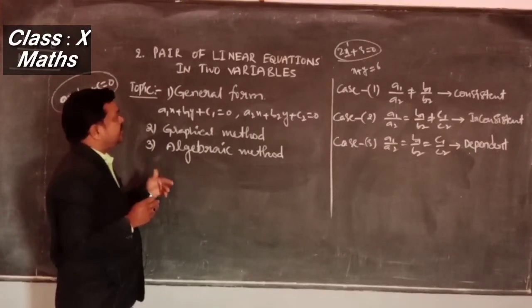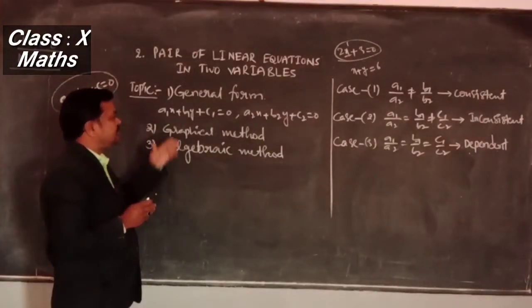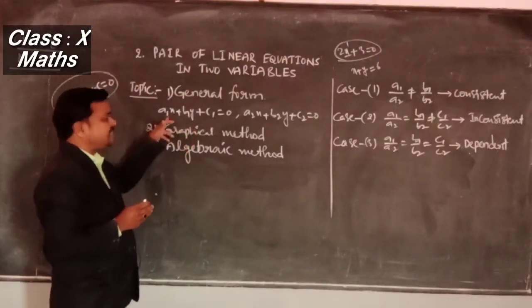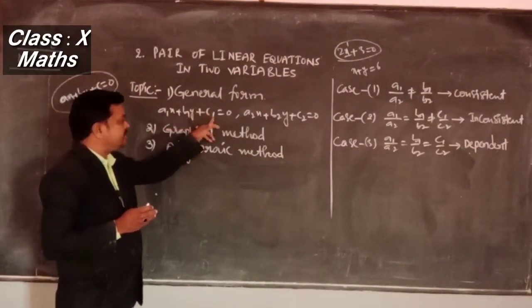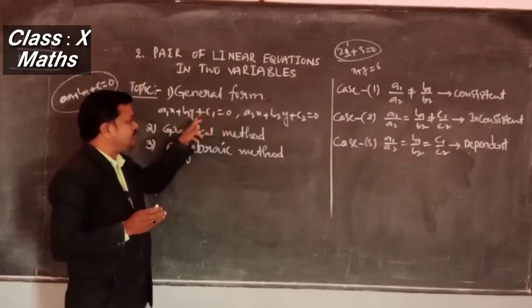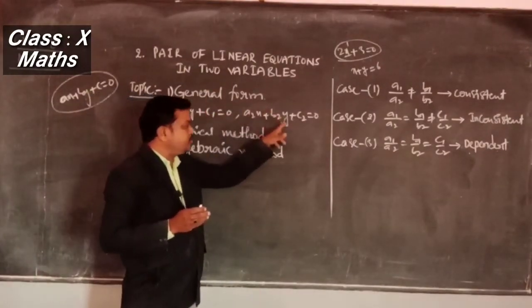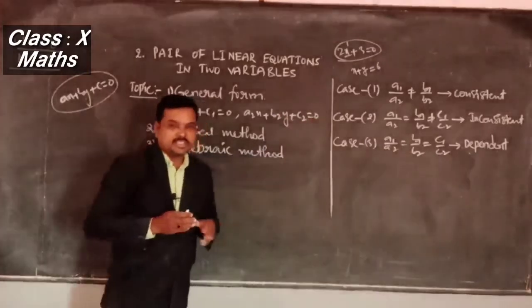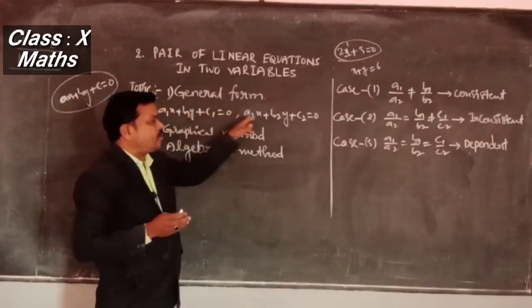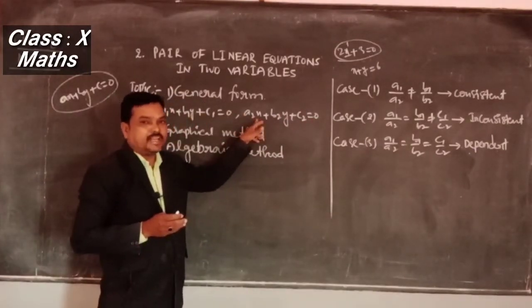For a pair of linear equations in two variables, the general forms are: a1x plus b1y plus c1 is equal to 0, this is the first linear equation, and a2x plus b2y plus c2 is equal to 0.